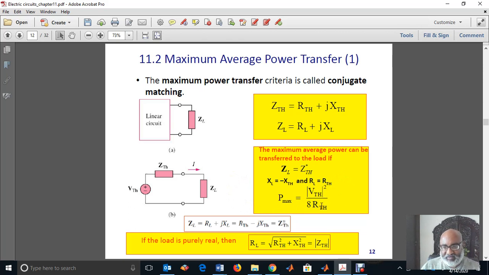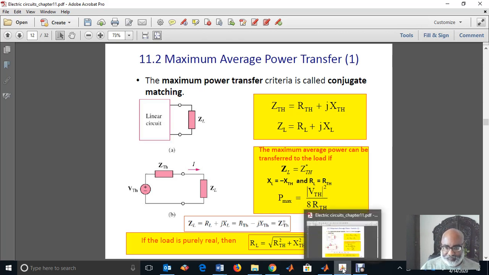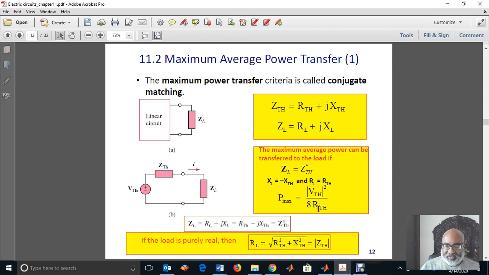Now, what is the difference between this formula and the formula we studied in the previous chapter 4 for maximum power transfer? In that case, we had a purely resistive load, and it was 4 times RL. So P max is V Thevenin squared over 4 times R Thevenin, or 4 times RL. So why in this chapter does it become 8 times, while in the previous chapter 4 times?